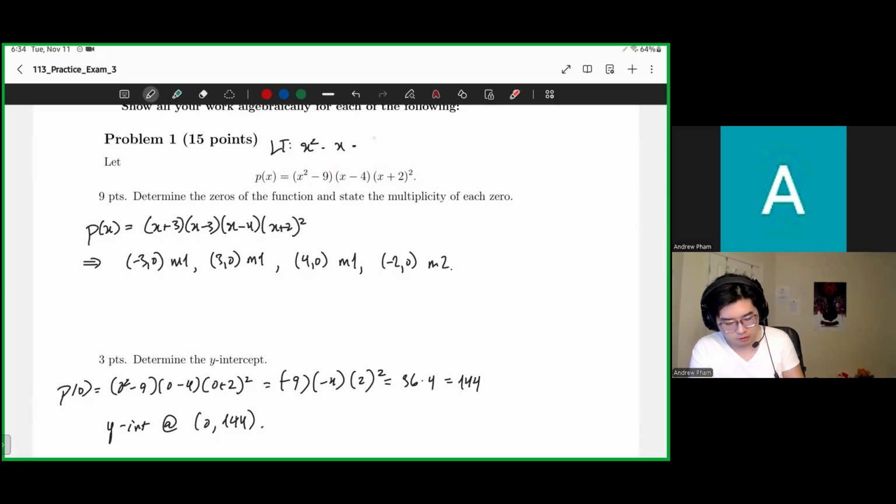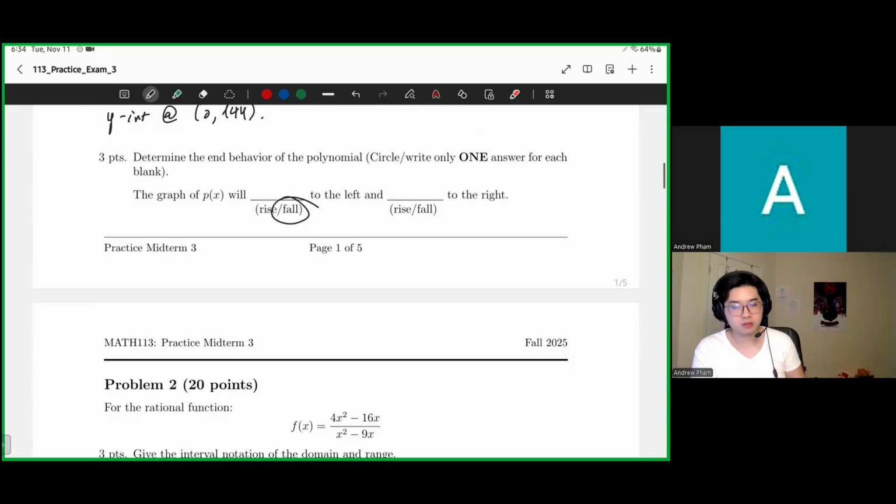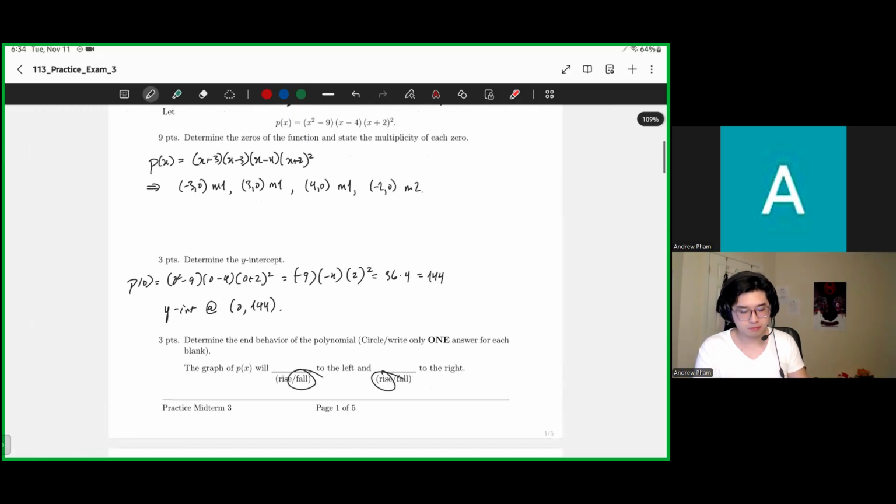You take into account the power as well. So I have 1 times x to the fifth. Since 5 is odd and 1 is larger than 0, you expect to have positive odd end behavior. So falling on the left to negative infinity and rising on the right to positive infinity. Okay, so that's number one.